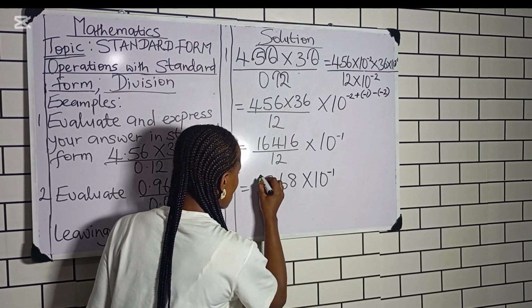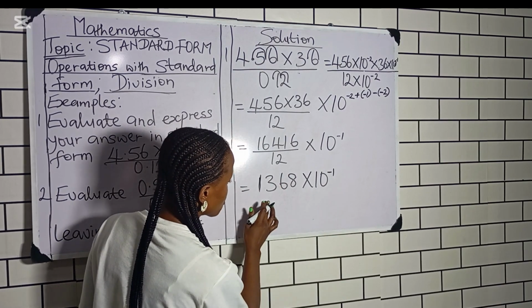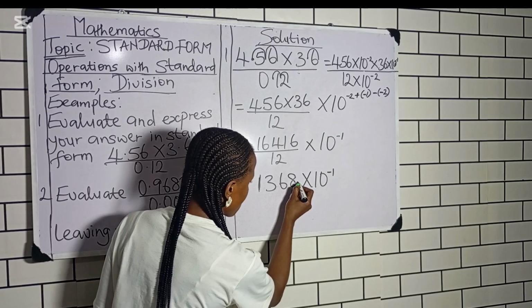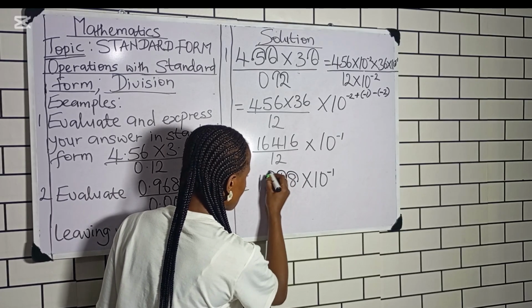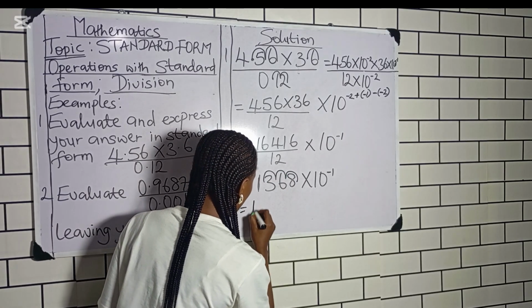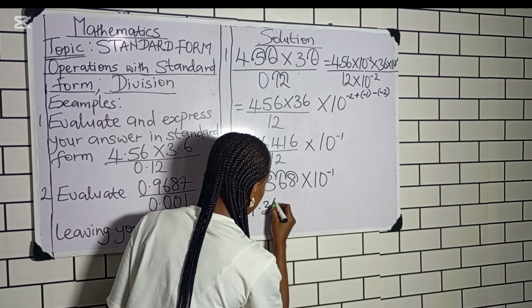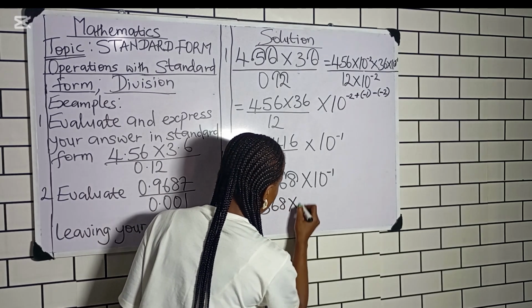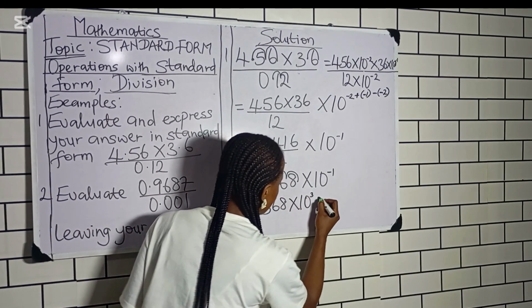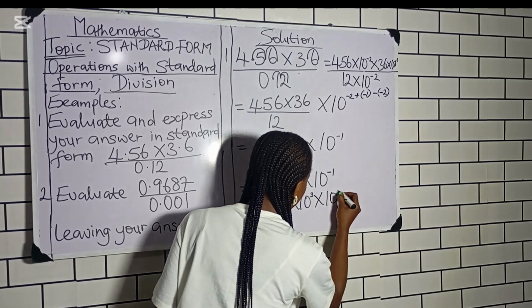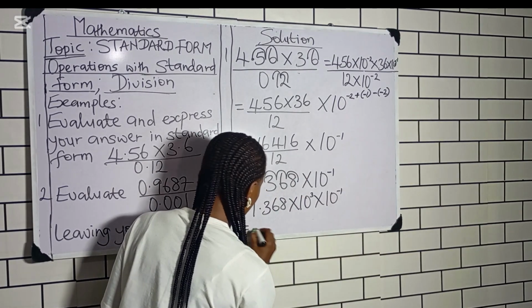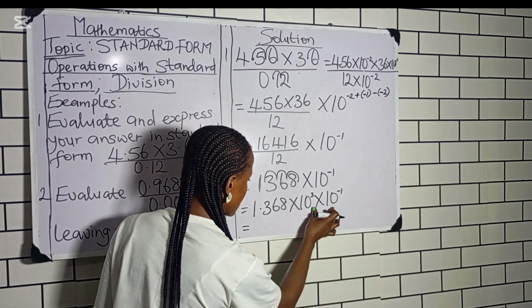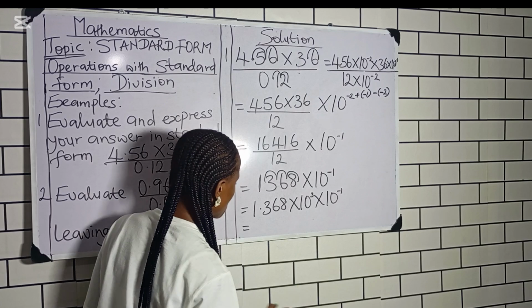Now, reducing this to power 10, we assume that our decimal point is here. You count 1, 2, 3. It will give us 1.368 times 10 raised to power 3 times 10 raised to power minus 1. You add the powers, since the bases are the same and we have multiplication in between.